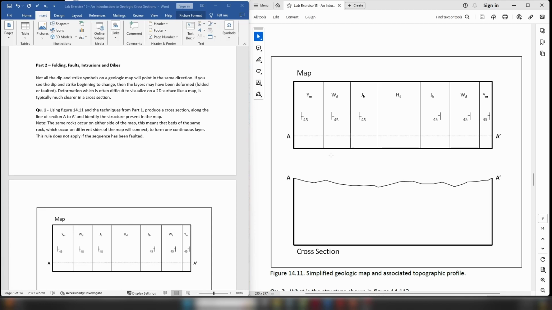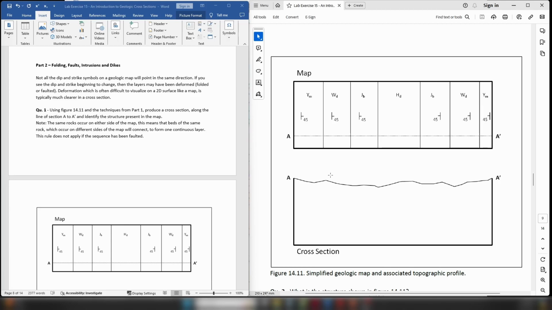This would instantly suggest that the reason that we see the strata repeating itself is due to folding. So we're going to probably be looking at an anticline or a syncline. So when you look at the map, you are going to see that these 3 beds over here have a dip of 45 degrees towards the east, but do the other dip symbols match them?